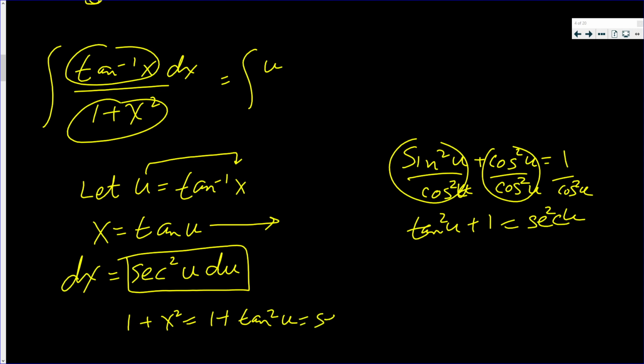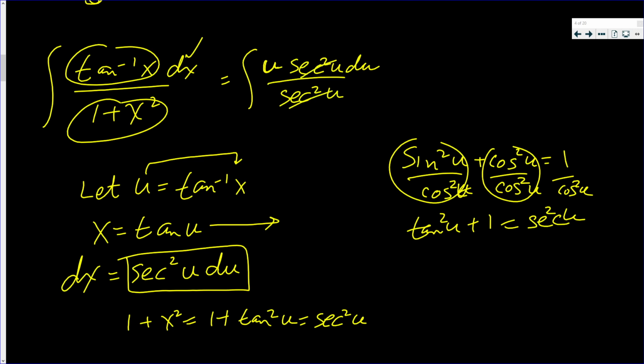This is just secant squared u. Okay, so arctan became u, dx became secant squared u du, and the bottom also became secant squared u.